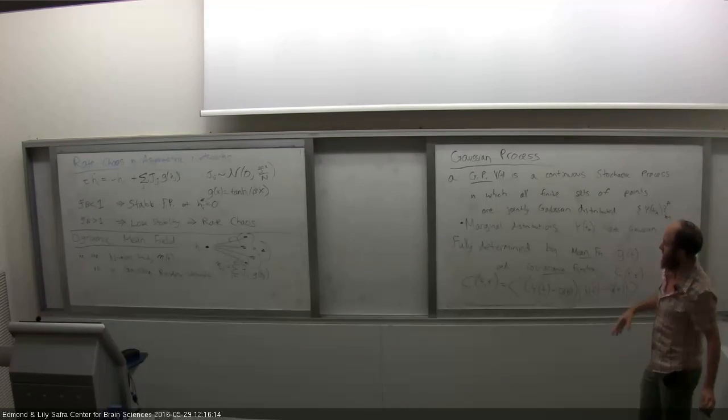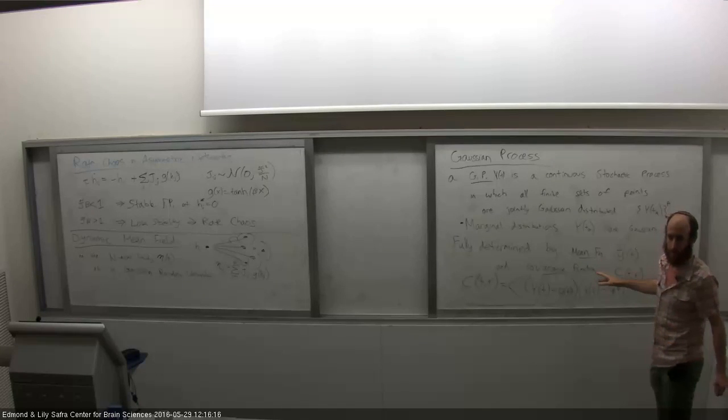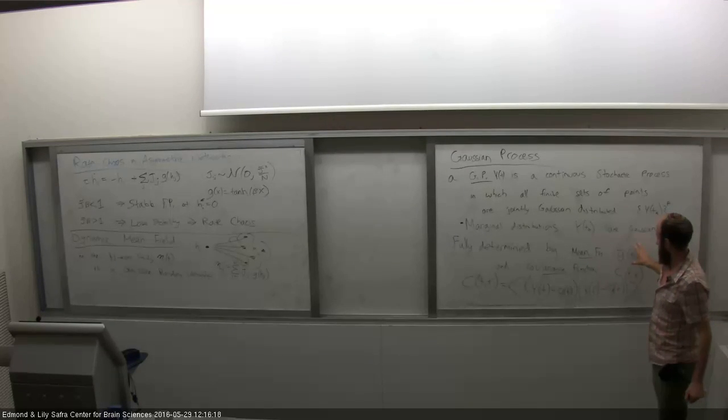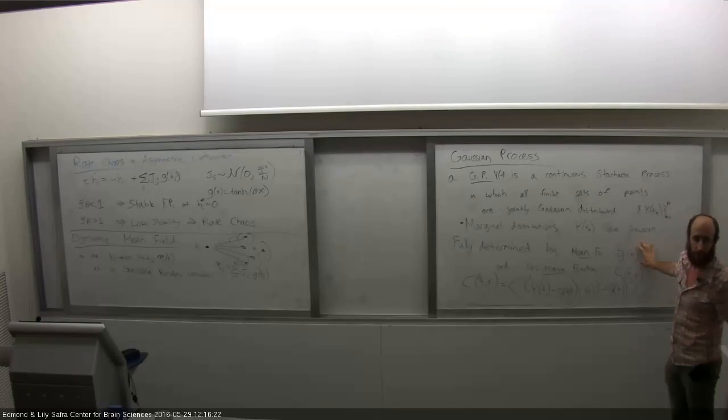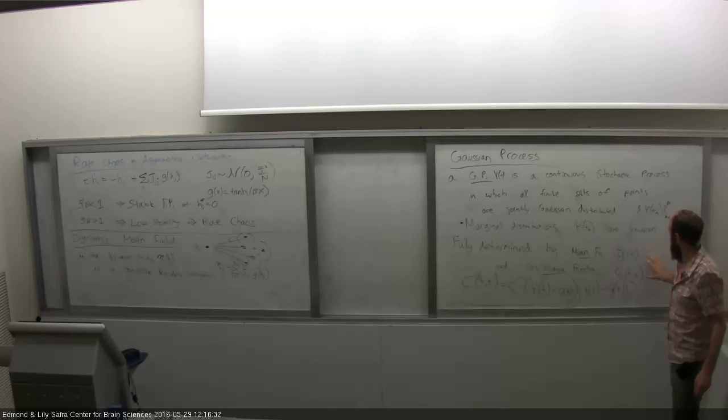But now, like Jonathan said, normally we study the situation in which a few things hold. First of all, we most commonly take the mean function to actually be 0. Because what you can always do is have a deterministic function of time and then add on top of that the random part with the noise.